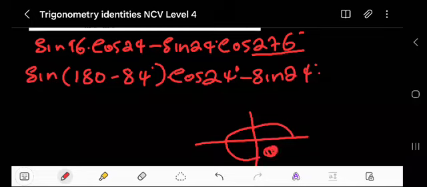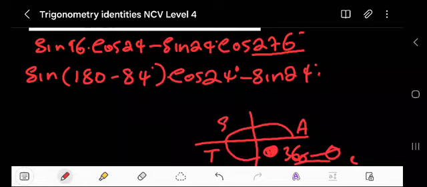That means it lies in the fourth quadrant, which is 360 minus theta, and we know all students take calculus.